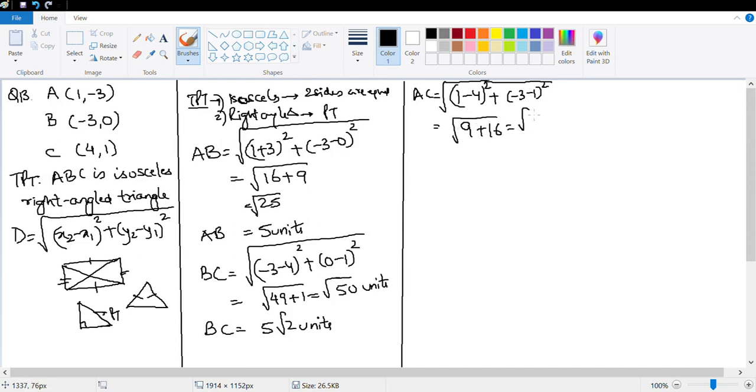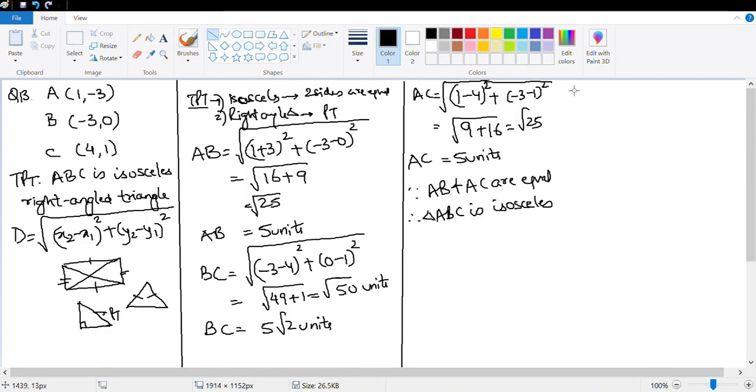So this is equal to square root 25, which means equal to 5 units. Since AB and AC are equal, therefore triangle ABC is isosceles. So we've proven one part of it, that this is isosceles.